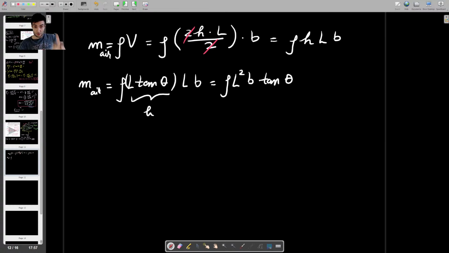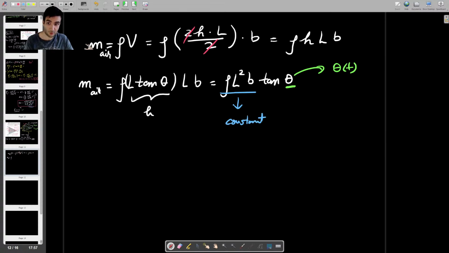So really the only variable in this is theta, because theta is changing with time, right? It's decreasing as the bellows is doing this. Everything else is constant.